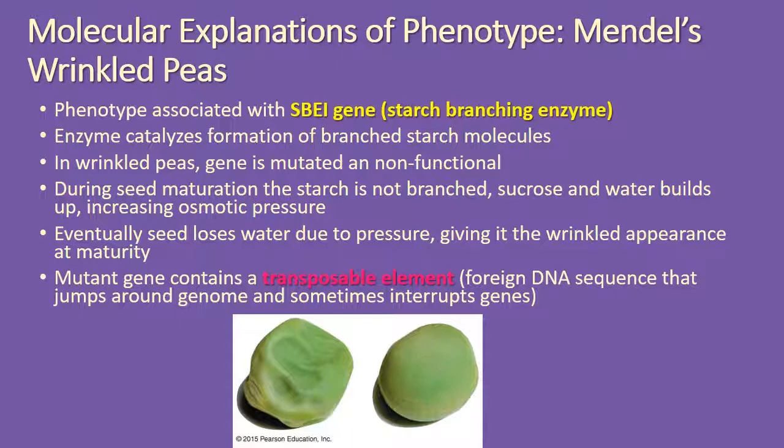Some are thought to be viral in nature as far as where they came from, but I think later in the semester we'll talk about transposable elements. There's a lot that's still unknown about them, but they do have a tendency to wreak havoc in the genome, and in a lot of cases they'll cause some kind of loss of function of a gene.